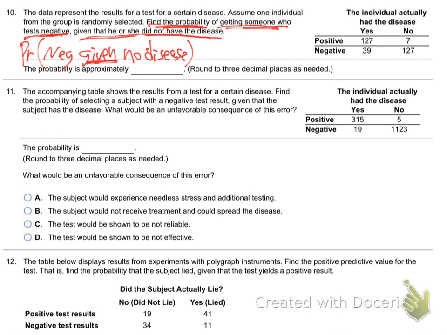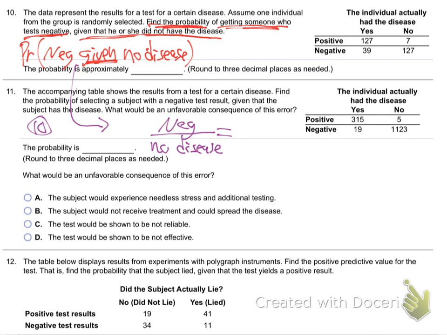So what does given always do? It limits the denominator, right? I'll bring it down here. So the denominator is going to be limited. You're going to go negative over no disease. That's the probability. So 127 over 134.